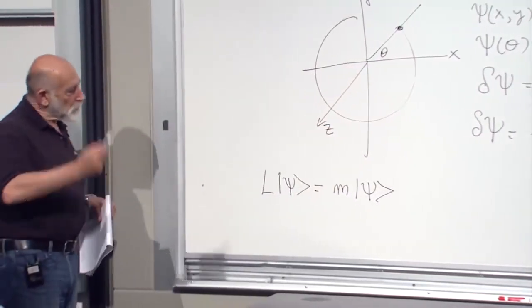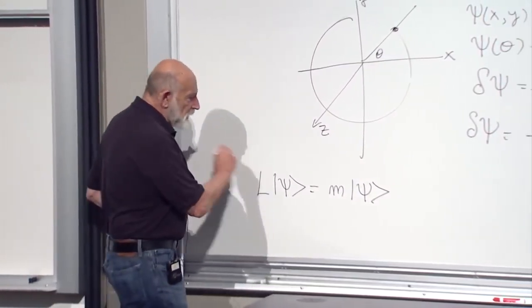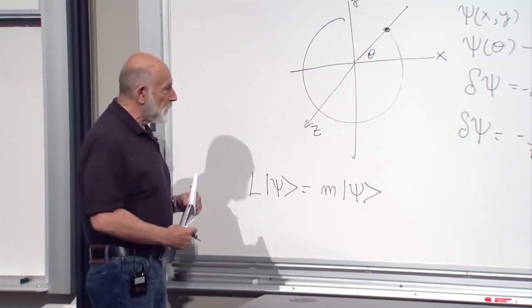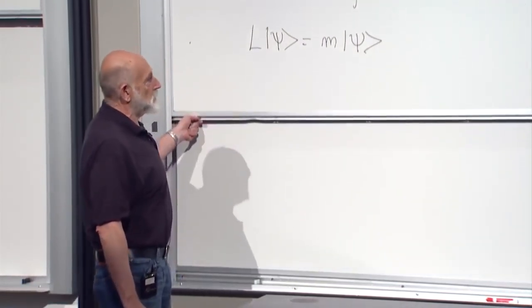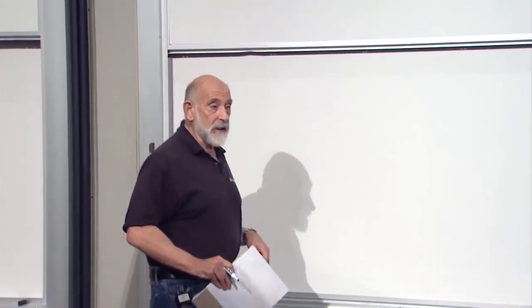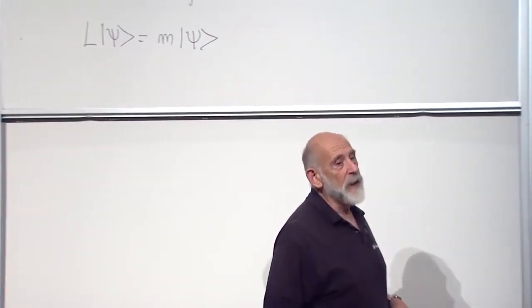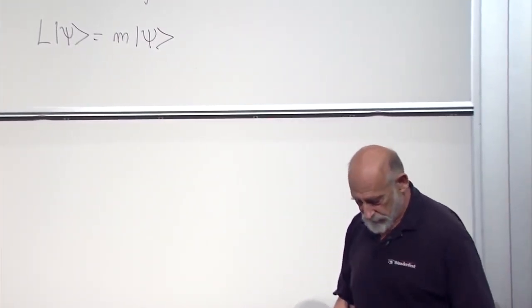So we're talking about rotations about the z-axis. We could call this the z component of the angular momentum. It is the z component of the angular momentum. For the moment, I'm going to suppress that. All right, and m is the eigenvalue of that angular momentum. So strictly speaking, it's the eigenvalue of the z component of angular momentum.